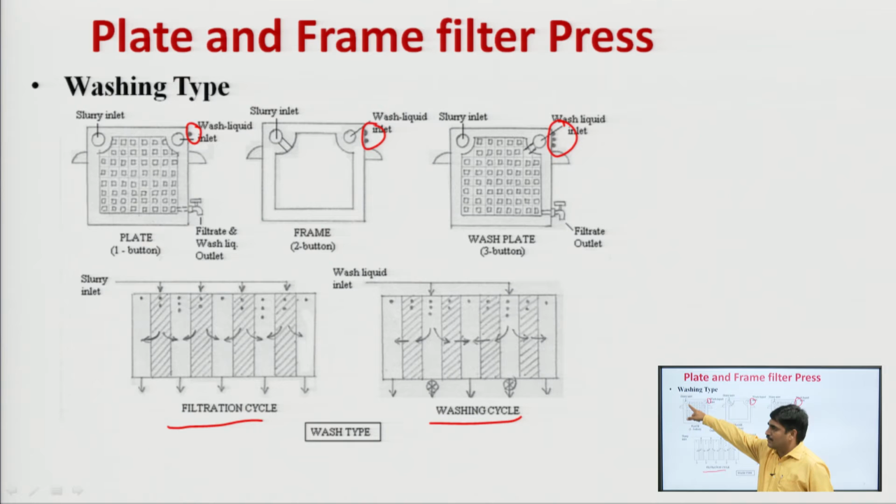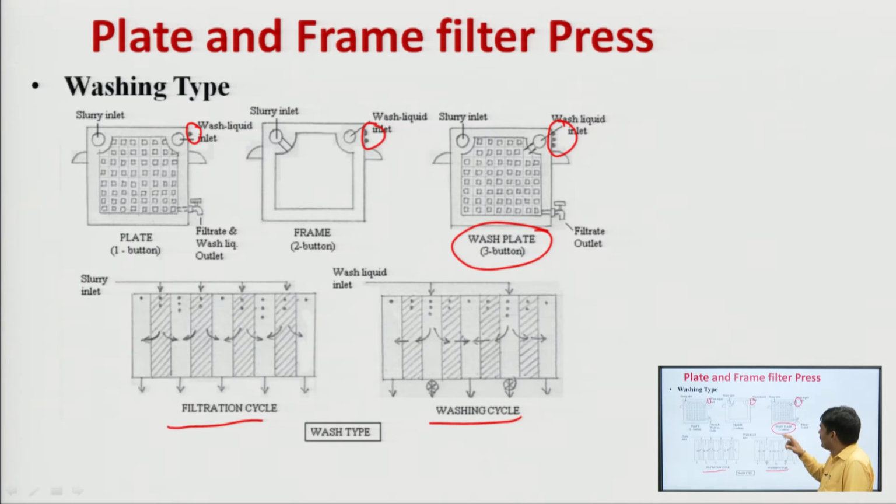In the first plate, you see that the holes are not connected to the inner side of the plate. In the frame, the hole is connected to the inner side. In the third case, the wash plate, there are two holes on the top side, one on the left and one on the right. The right side hole is connected to the inner side of the plate.